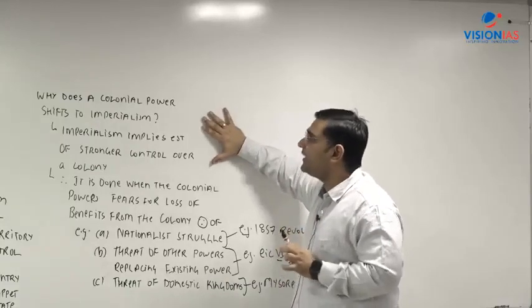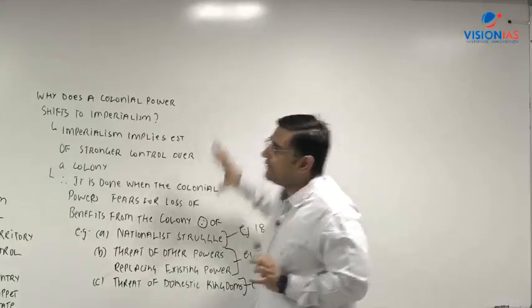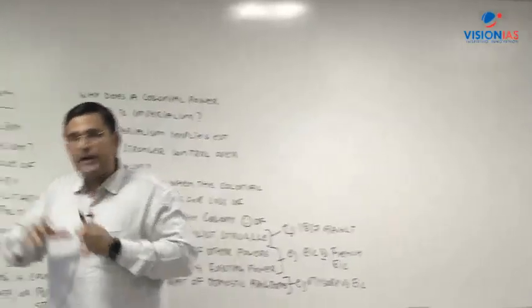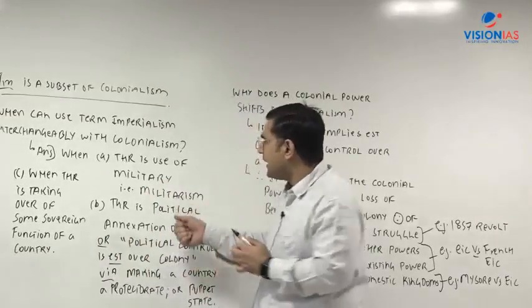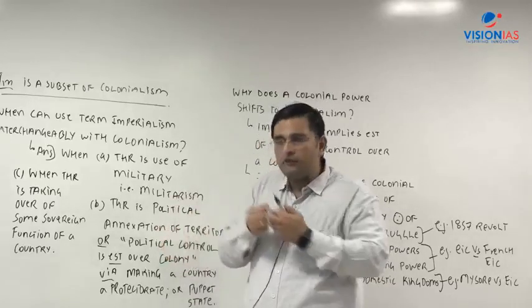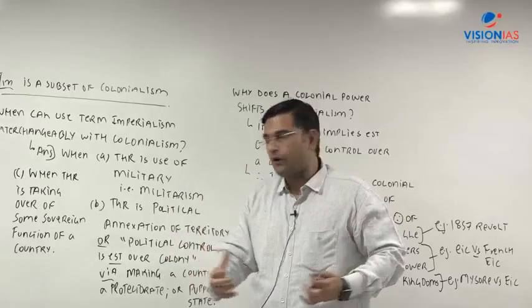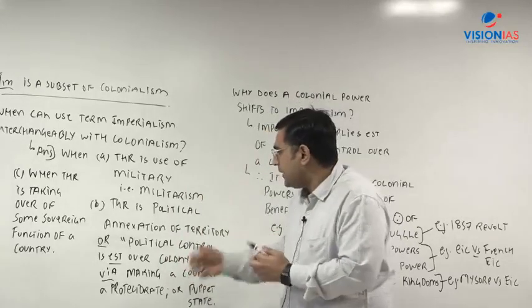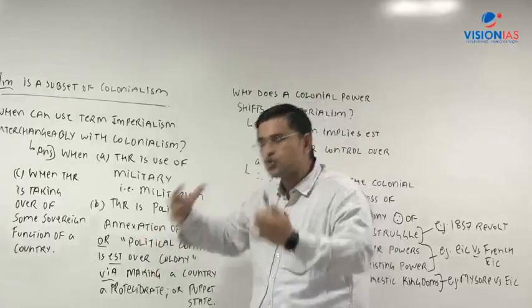Imperialism basically implies establishment of a stronger control over a colony. When you are using military, why are you using military? Because you want to establish stronger control over the colony. When you are doing political annexation, that India is now part of the British Empire, then you are establishing a stronger control over the colony of India. When Japan is saying that Korea is our protectorate, then you are establishing a stronger control.